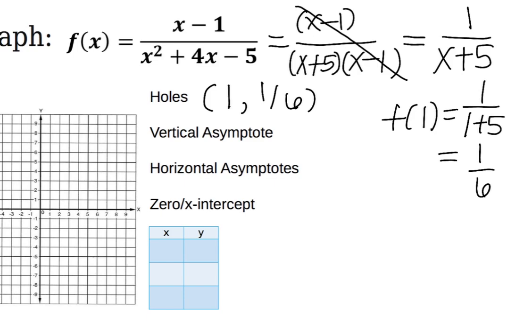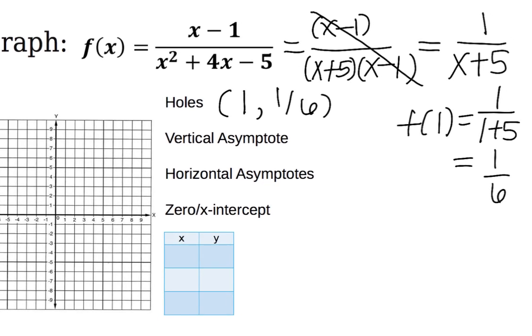All right, next we're going to look at our vertical asymptote. And our vertical asymptote, remember, comes from what's left over in the denominator. So that means our vertical asymptote is going to be at x equals negative 5. Because if we set that equal to 0 and solve, that's where the negative comes from. And our horizontal asymptote, I like to go back and look at our original function.